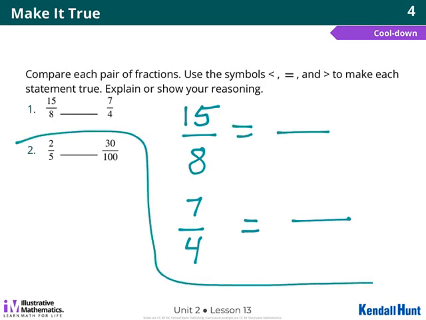There's my hint for problem 1. Can you find a number that both 8 and 4 go into? Okay, don't tell me. Can you think of a number 5 and 100 both go into? 100, right? That's my hint. You still have to do some math to figure it out, Weston. Okay. Guys, we're going to do our cool down.